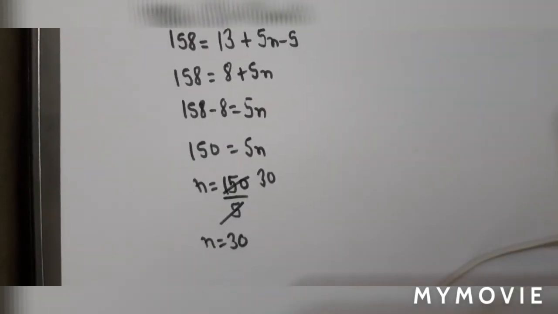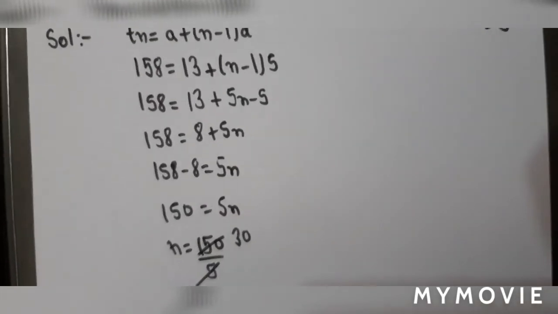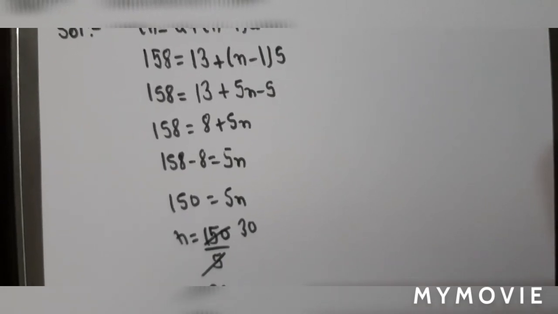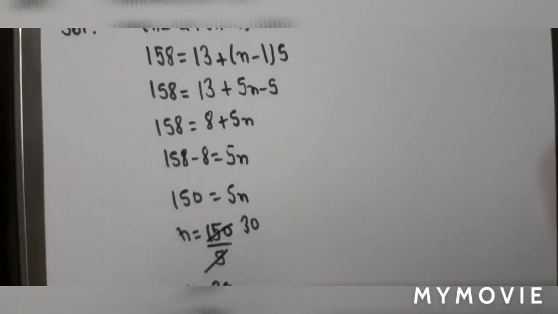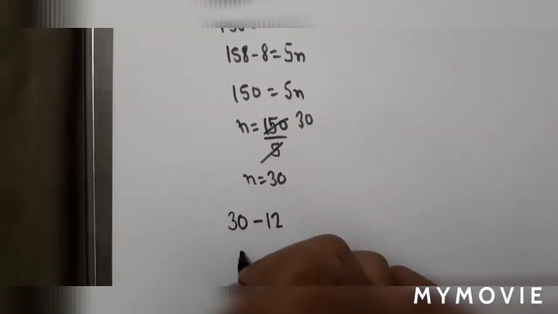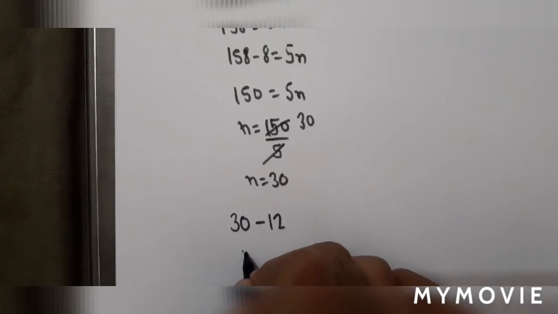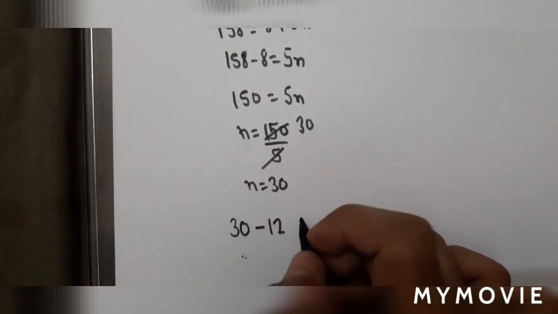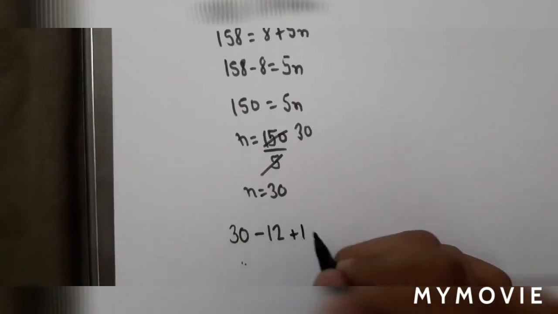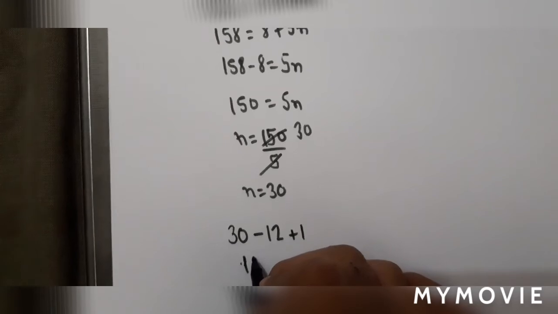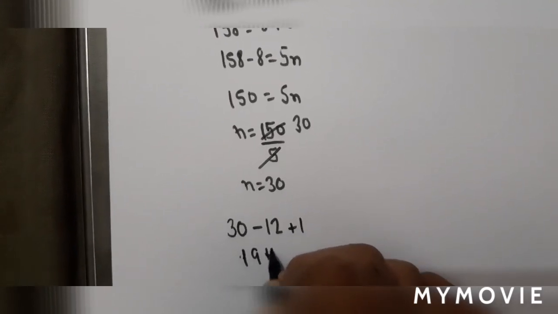Now we should find the 12th term from the last of the series. So you do 30 minus 12, plus 1, we'll get the 19th term.